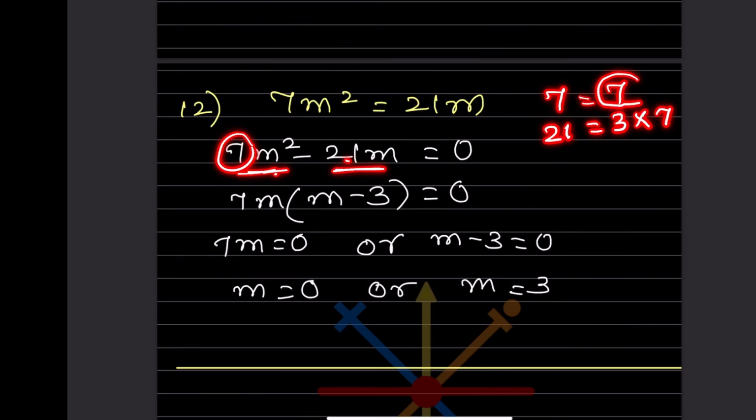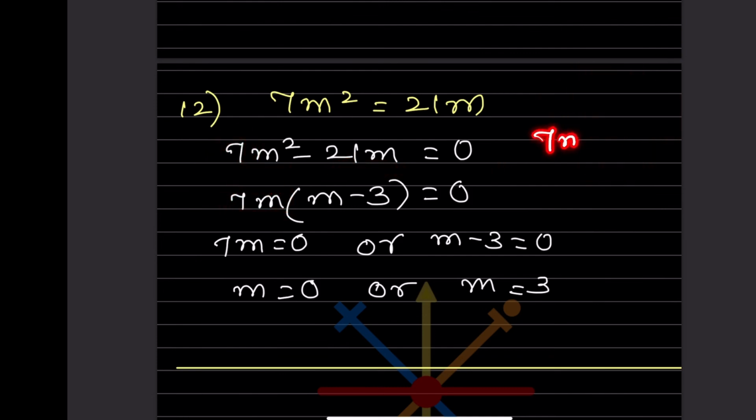So what is common here is 7. Whenever you find the HCF, you just take the common. If you don't know what is common, you can find the HCF of the coefficients, and you get the common one over here.